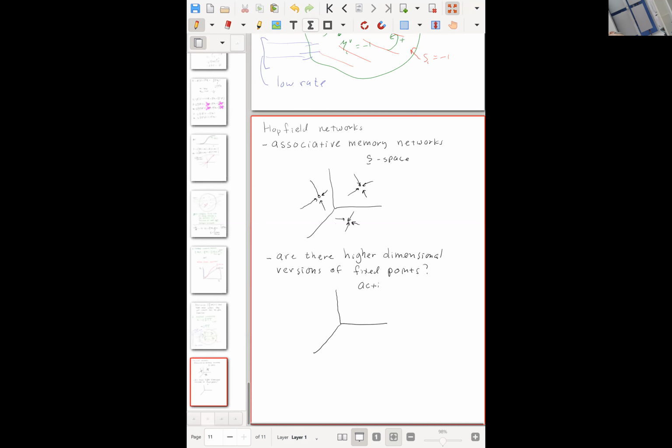Maybe we won't use S anymore because they were binary. And instead of having points, what would be nice to have would be line attractors. So if you start here, you go to the line. Once you're on the line, you stay there.